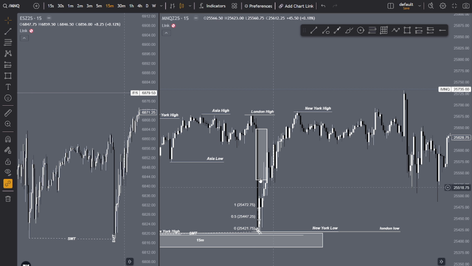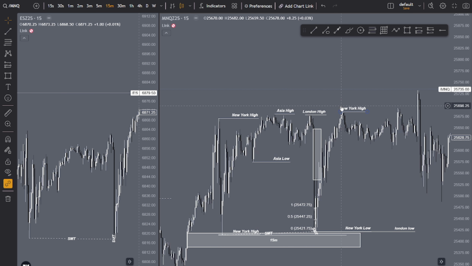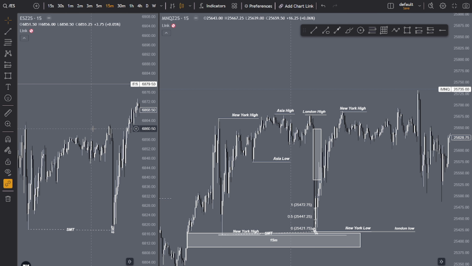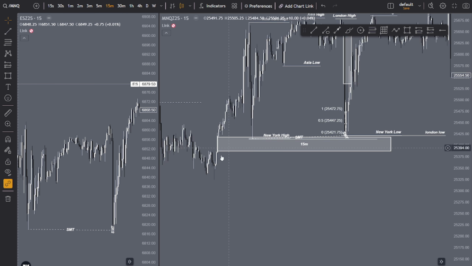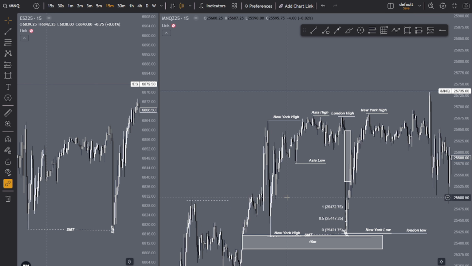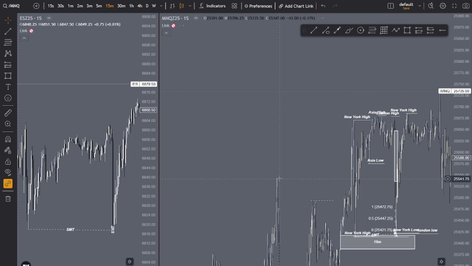During this position, this would have been present, so New York high and New York low. I would mark this out on the 15-minute time frame, and then I would also mark out any fair value gaps that I have that could possibly interfere.